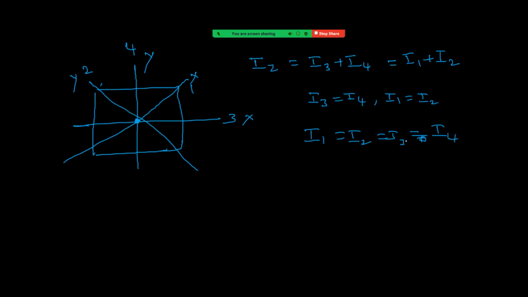All are equal. All are having the same values, right? Because this is X and this is Y. So I3 plus I4, this is X, this is Y. So I1 plus I2. Both having the same values. Means all having the same values, right?